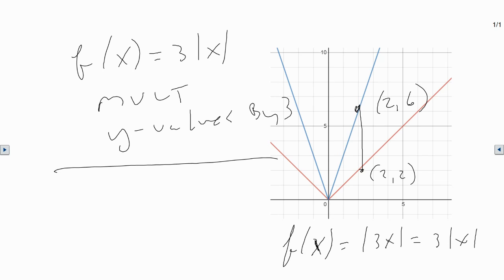Anywhere you do that, it's going to do the same thing. Here's (1, 1). Where it moves up to in the new graph is (1, 3). So the y value got multiplied by 3.